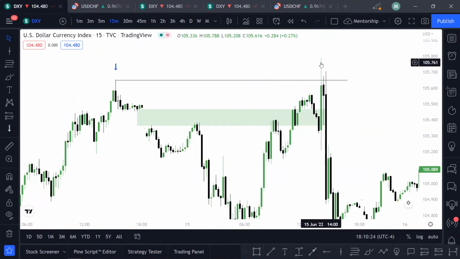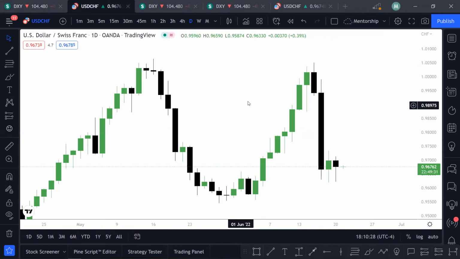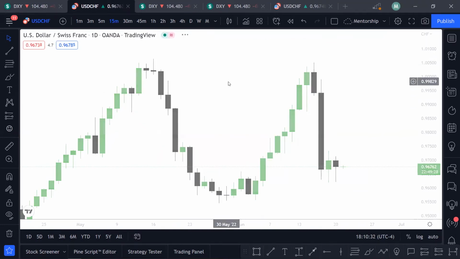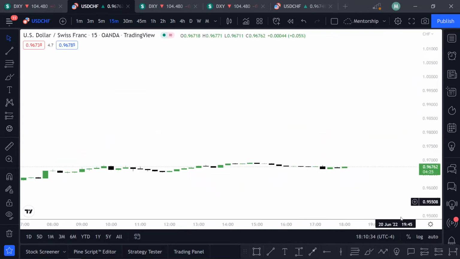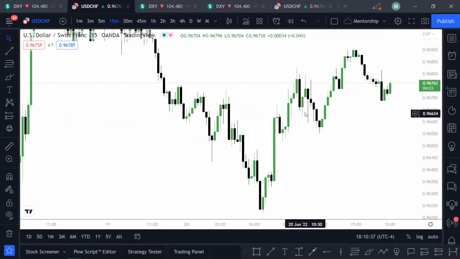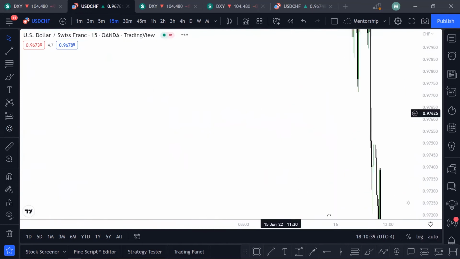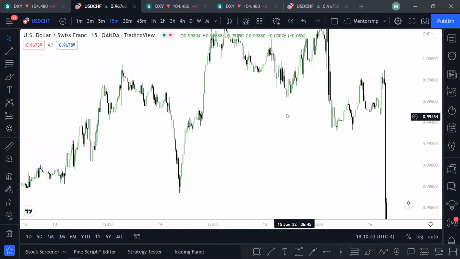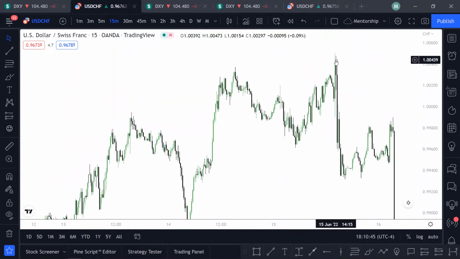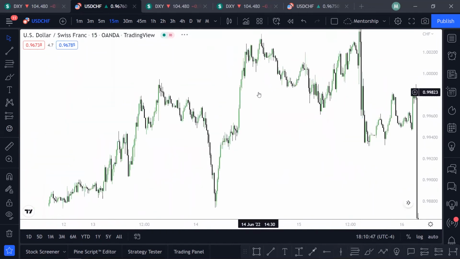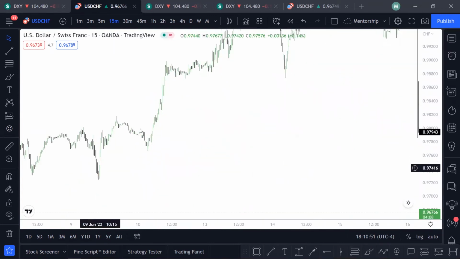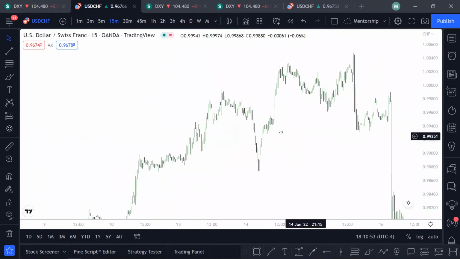So on this day, let me explain to you what happens on the USD CHF 15 minutes chart. So the USD CHF has been buying and buying and buying and buying.